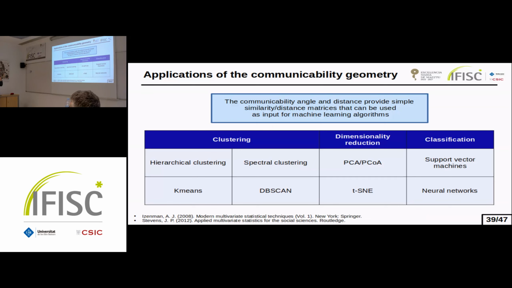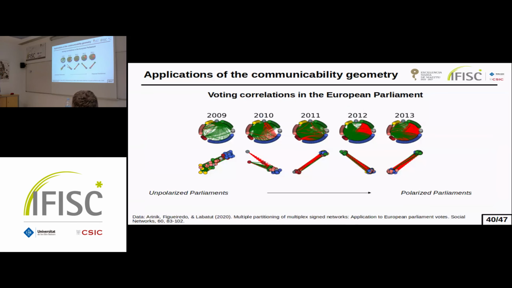And we can get the three of them from the communicability angle. So for example, to cluster the network, we could use a spectral clustering, we could use DBSCAN, etc. For reducing the dimensionality, we could use t-SNE, UMAP, or we could even apply this for classification tasks.